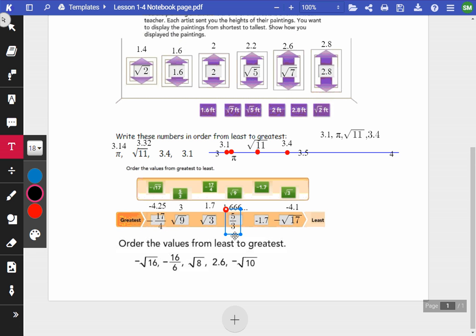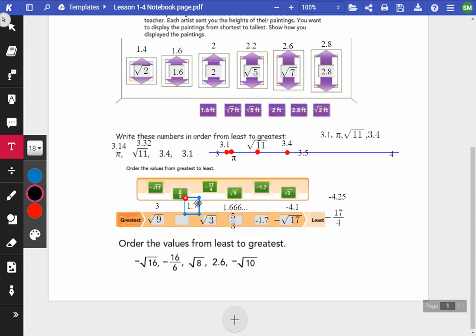Now, wait a minute. That's really the least, isn't it? Negative 4.25. I'm going to move that down.